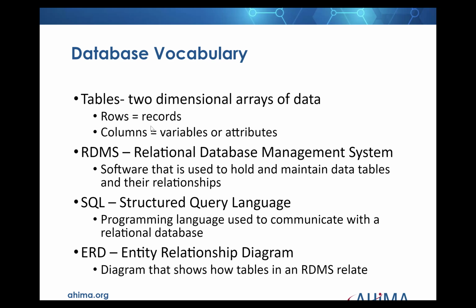So in healthcare, this could look like a record of a patient. Every patient has a first name, a middle name, a last name, a date of birth, a patient identification number, an address, a street, a city, state, zip code, etc.